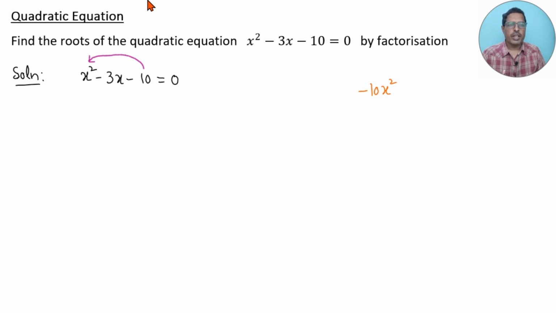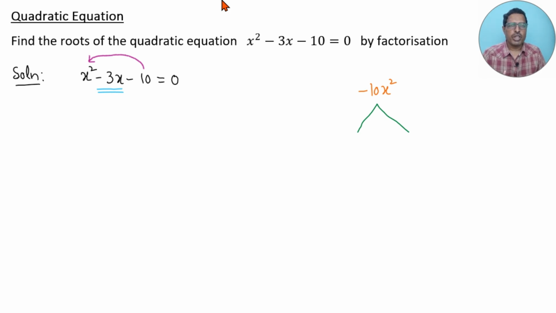Now you have to choose two numbers in such a way that when you multiply you get minus 10 x square, but when you add these two values you get minus 3x.